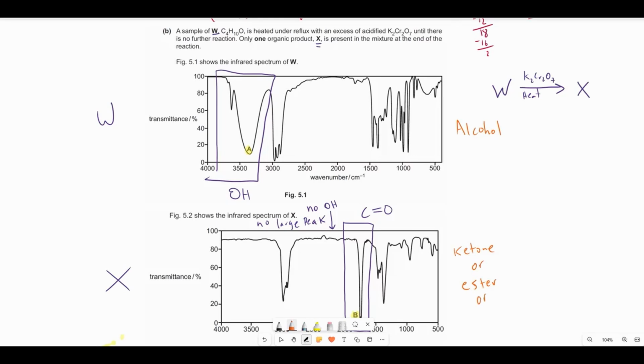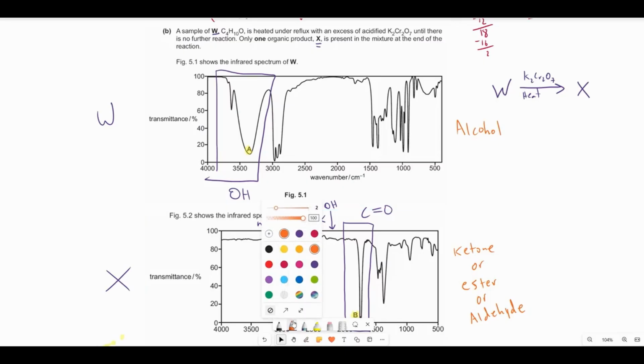Or, actually, an aldehyde. Now, we can actually eliminate one of these if we think about it really hard. And this is where knowing a lot of different parts of chemistry comes into play when it comes to organic chemistry questions. We can eliminate one of these.